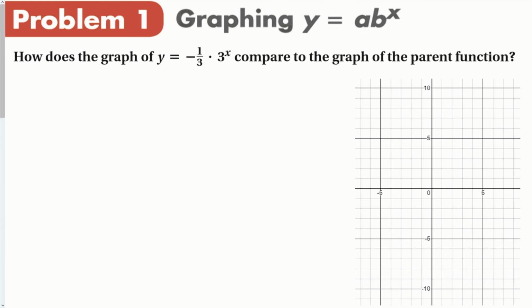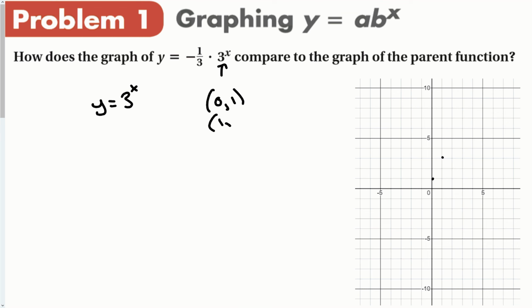If we look at this function, negative 1/3 times 3 to the x power, my parent function is y equals 3 to the x power, which is the thing I am going to compare this to. Let's graph this real quick. I'm just plugging in numbers. 3 to the 0 power is 1, so here's my first point.